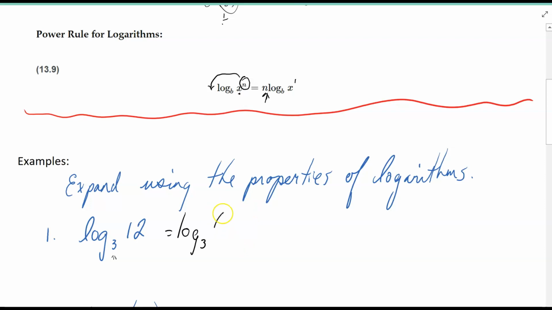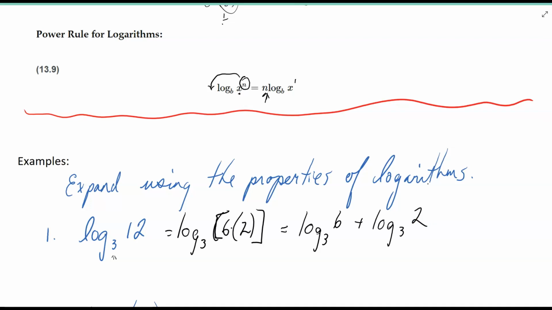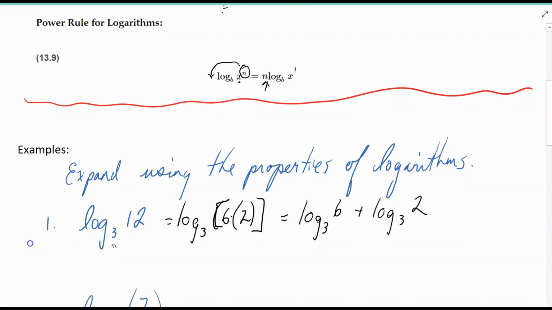I don't want it to look like an x. All right, we do have two separate factors now. That's like our x and y in the formula. So this can be written as log base 3 of 6 plus log base 3 of 2. We've just factored the 12.